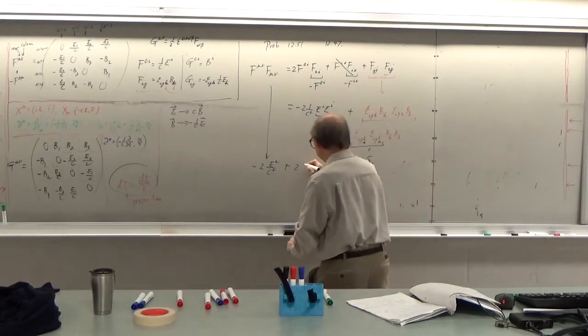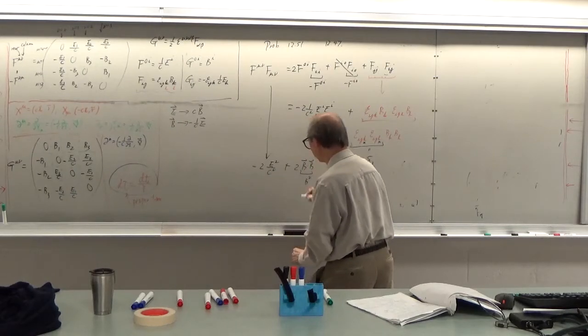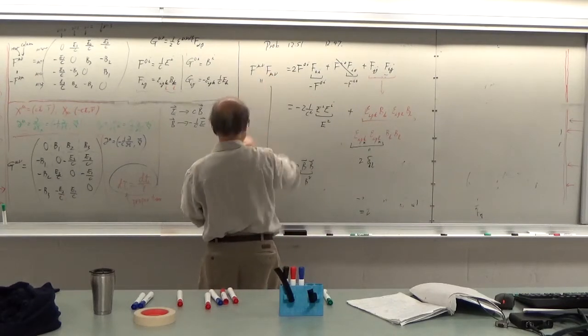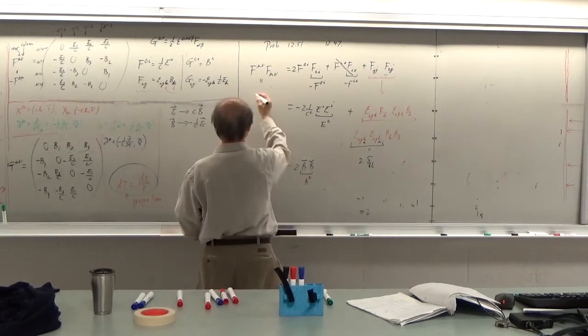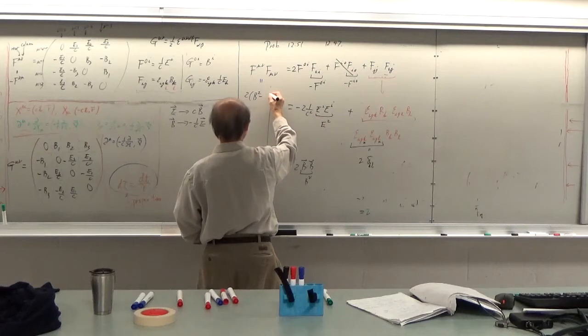Of course, that will be just B dot B, which is B squared. So I arrive at the result that F is equal to 2 (B squared minus E squared over c squared).